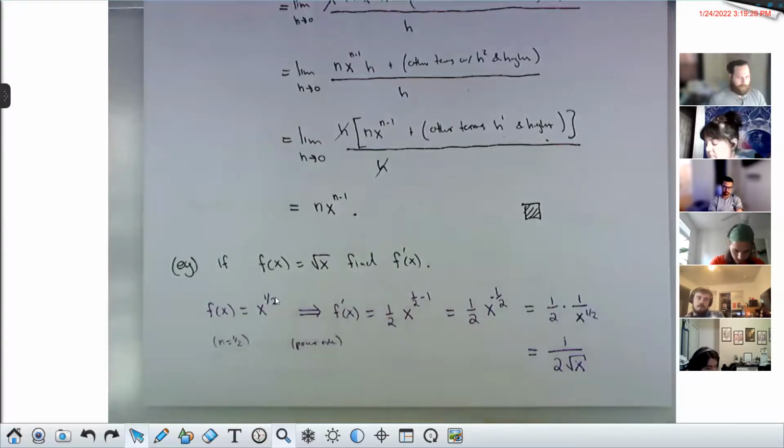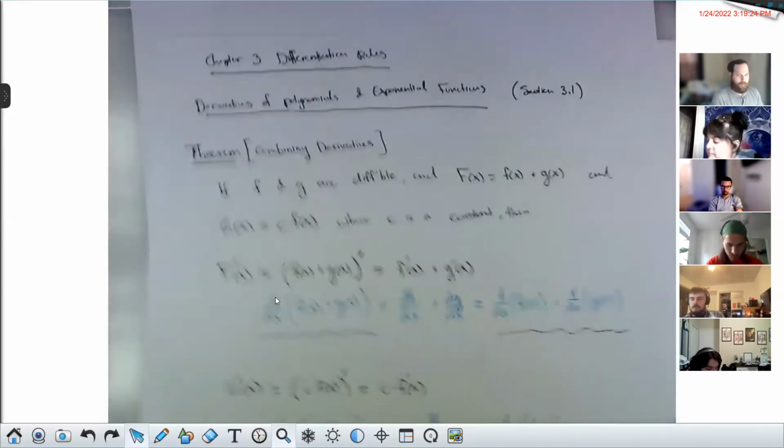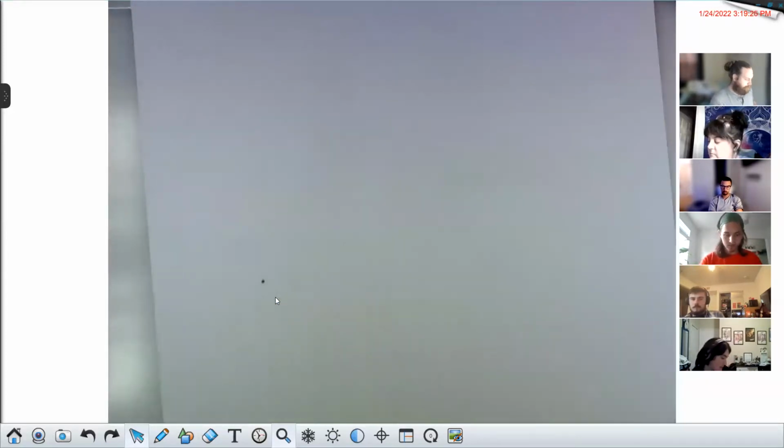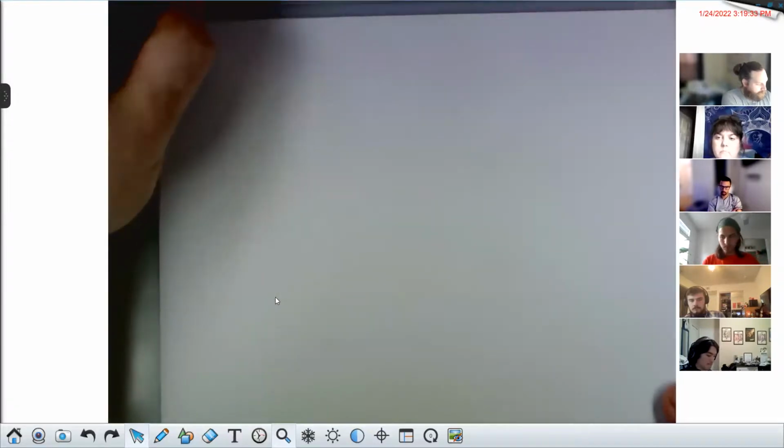Okay, a simple, straightforward example. Let's see one where we combine this with the previous theorem. What you'll see is that you can differentiate all polynomials this way.